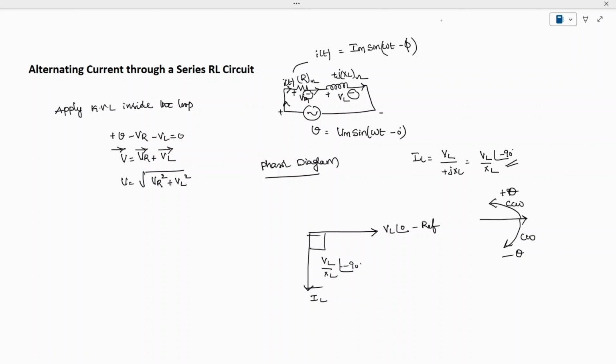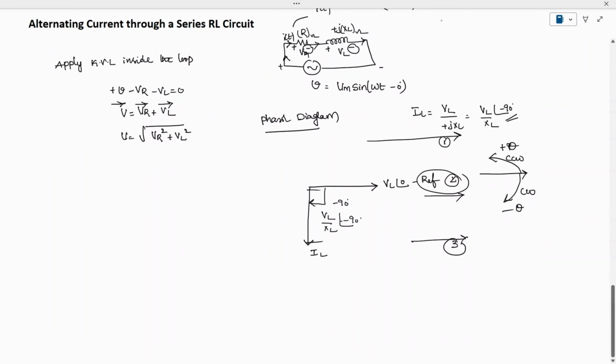Okay, so the angle traveled here is how much? Minus 90. Okay, so if you take this as a reference, so you have bus 1, bus 2, bus 3. Whenever the first bus is traveling like this, and this is the second bus, and this is the third bus, this second bus I'm taking as a reference. If the first bus is running very fast, then I can say that this is the capacitive current.